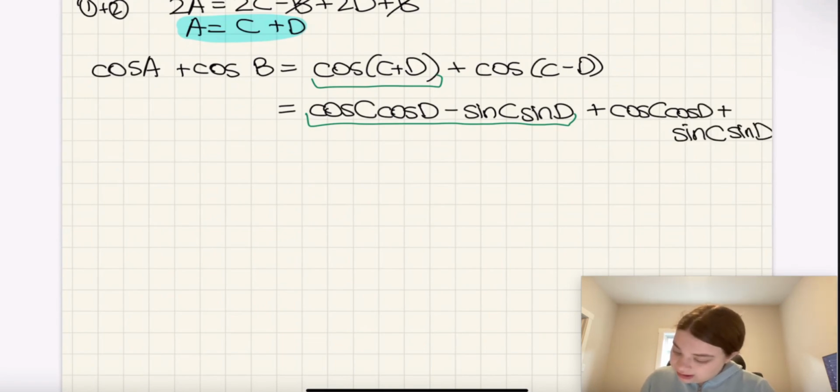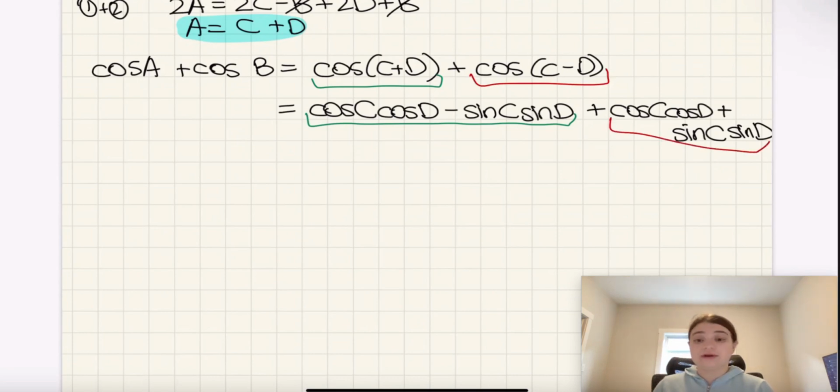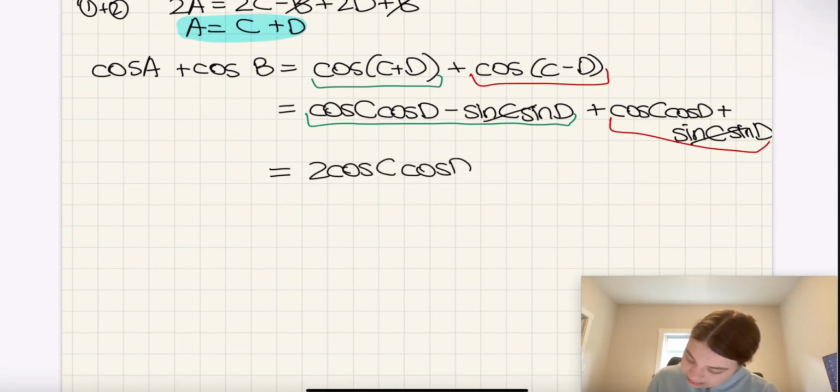So recall that this is the same as this for our difference formula for cosine. Okay, now I'm going to collect like terms. So these two can cancel out and we'll end up with 2 cosine C cosine D.